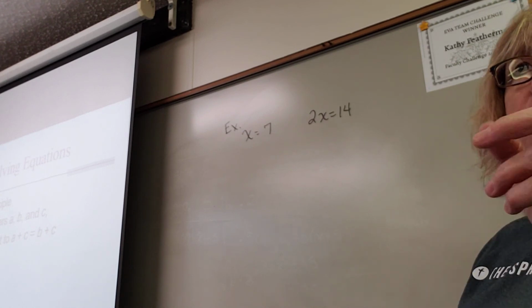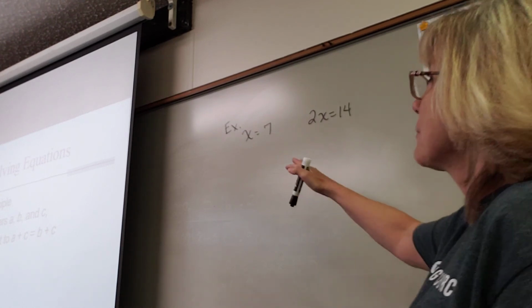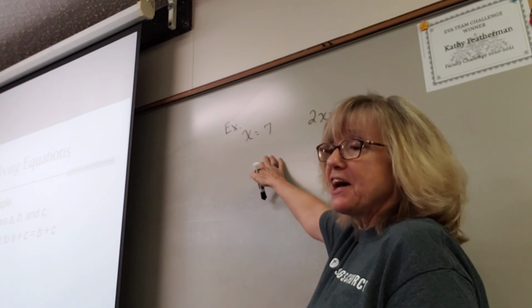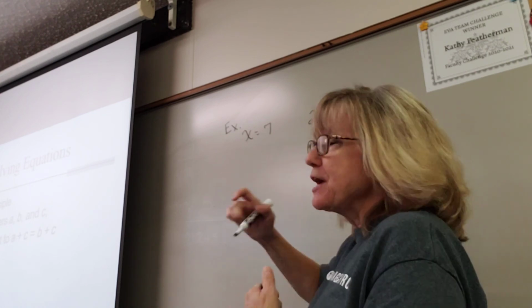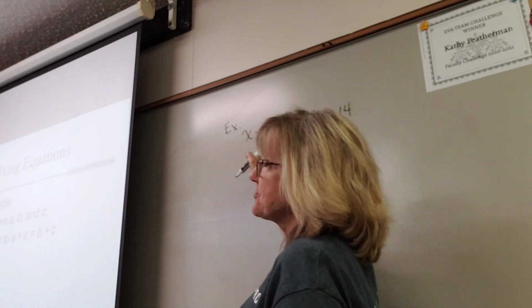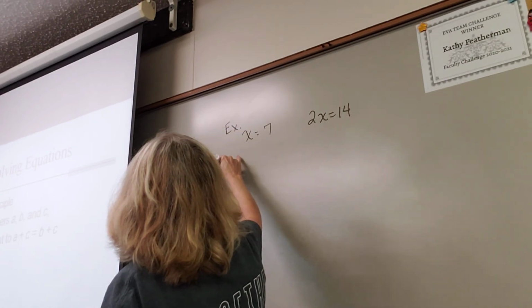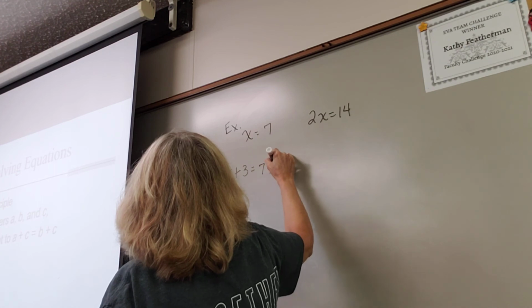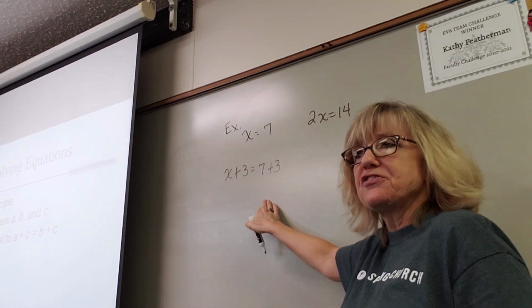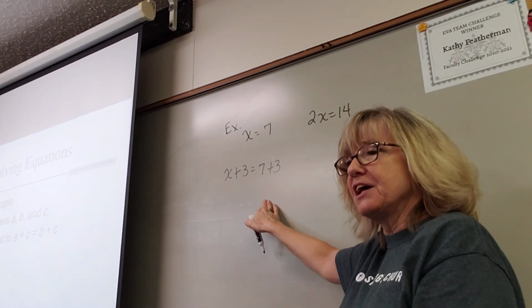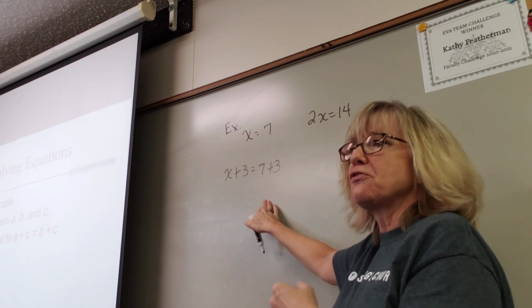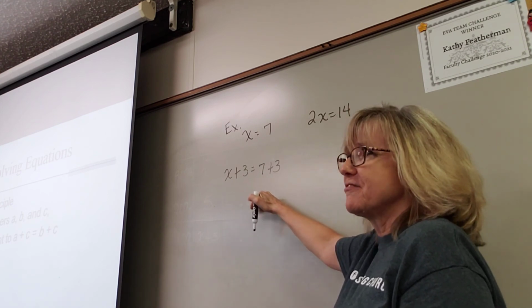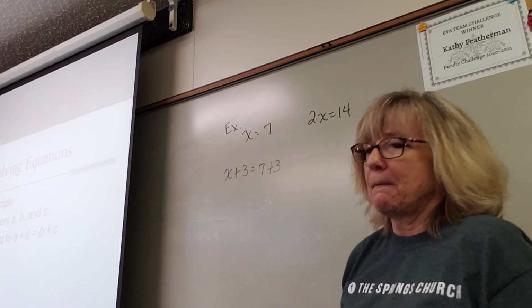I'm going to use the example from last time and add the same thing to both sides of this equation. So if I said x plus 3 equals 7 plus 3, this is me adding the same thing to both sides of the equation, so the equation is still valid.